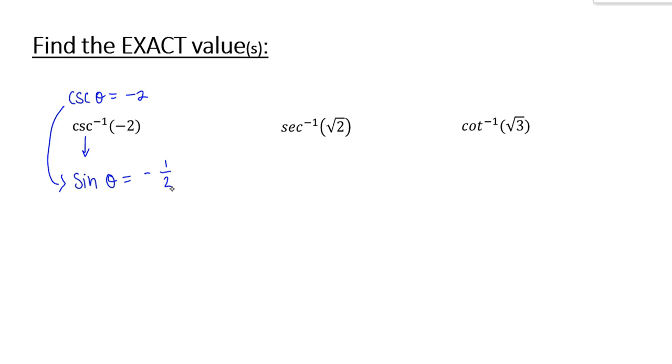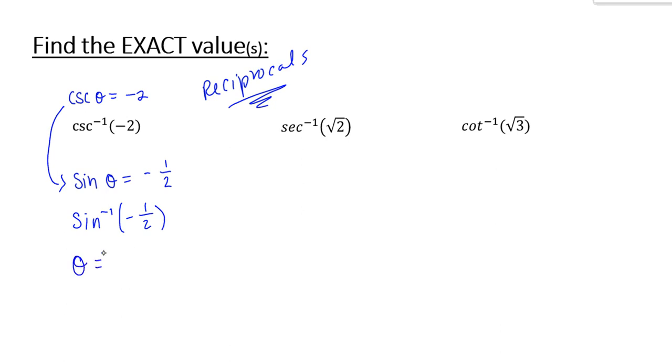Does that kind of make sense? They're buddies, right? So if I'm asking you for the inverse cosecant of -2, that's when the sine of some angle was -1/2. Reciprocals, right? Buddies. So now I'm trying to find the inverse sine of -1/2.